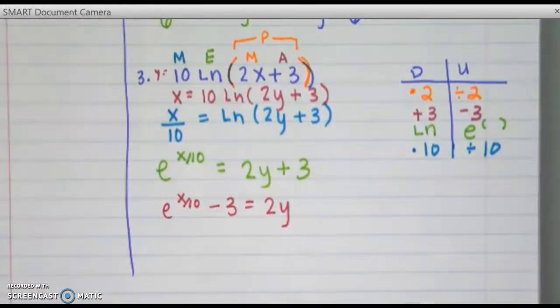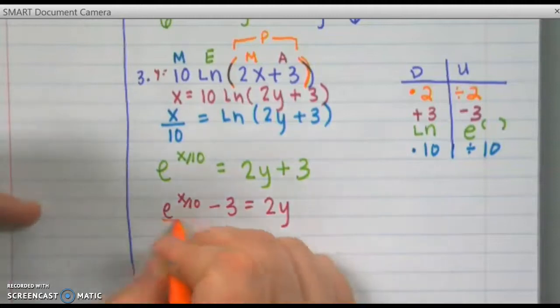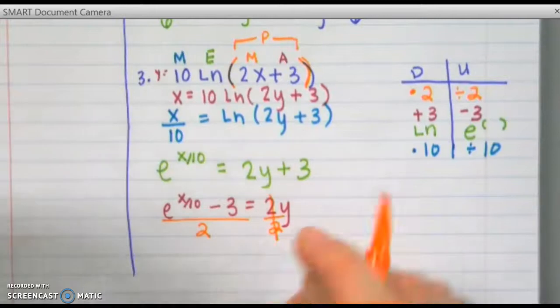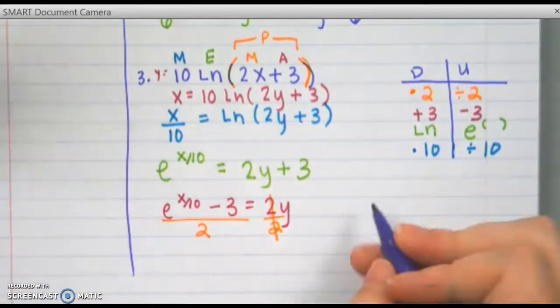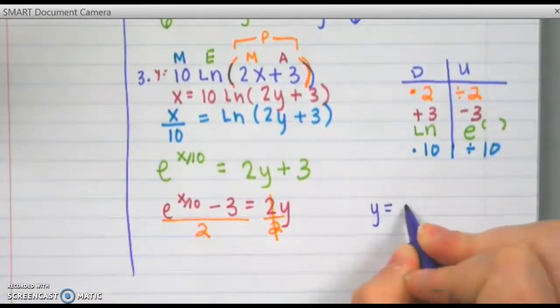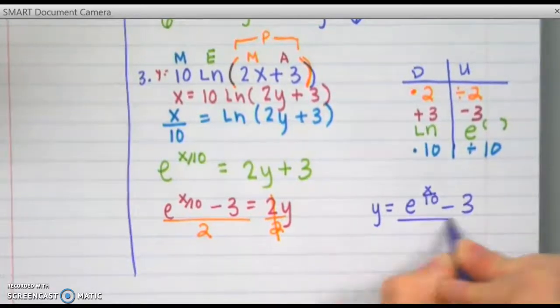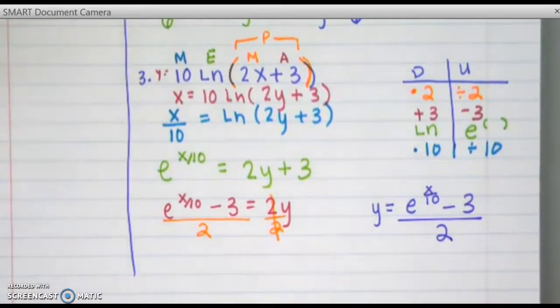I'm going to divide everything by 2. I'm running out of room here, so I'm just going to do that. All right, so my new equation, e to the x over 10 minus 3 divided by 2. It doesn't have to look pretty, just has to look opposite from the way that it started.